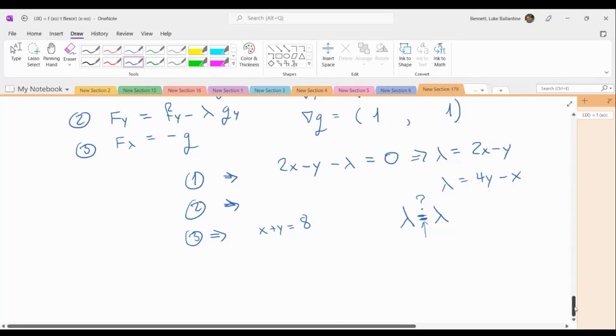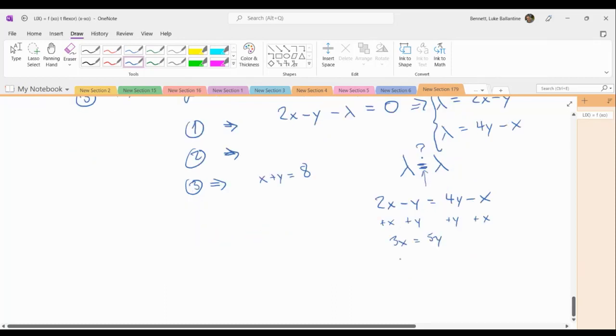So then we can set these two equations equal to each other so that we eliminate lambda. Now we have 2x minus y equals 4y minus x. So I can add y, add x: 3x equals 5y, y equals 3 over 5 x.